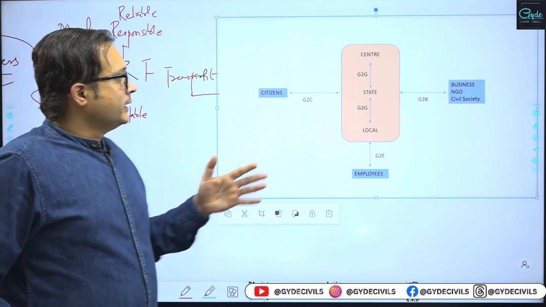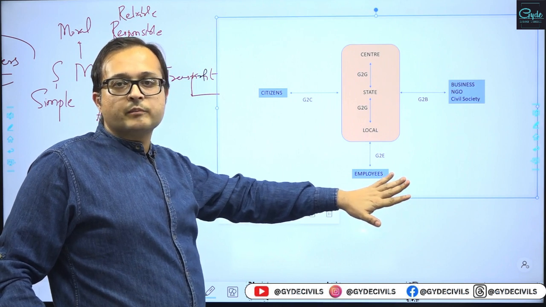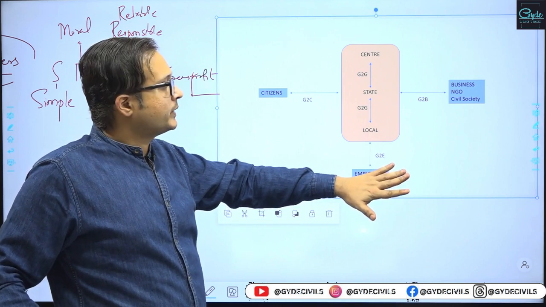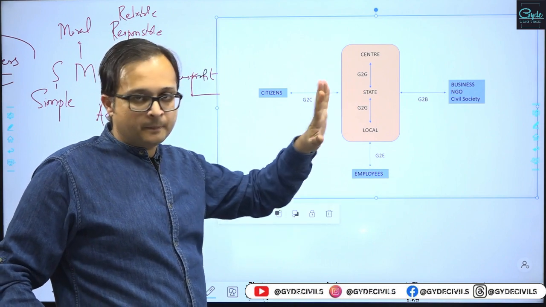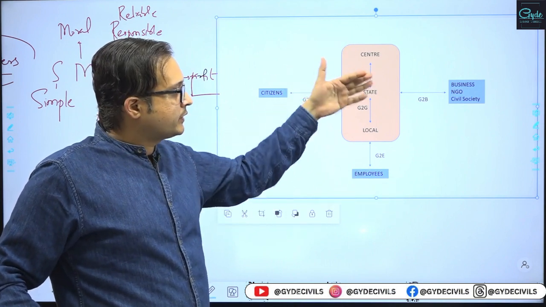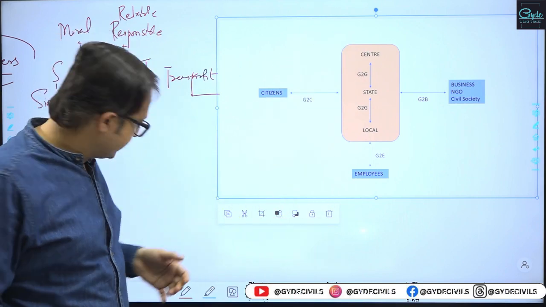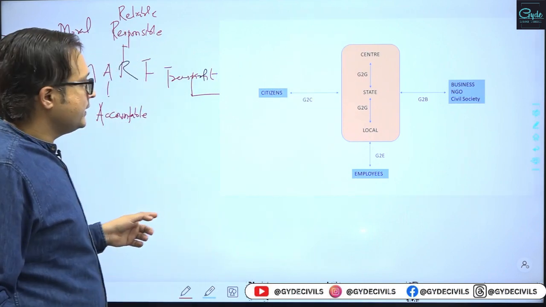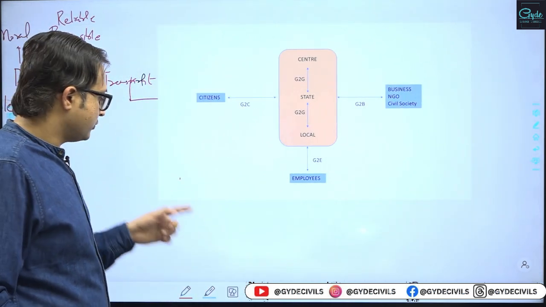Then the governments can participate themselves. This remains as one basic component of e-governance. That is called government to government interface, also G2G, right? When center, state and local governments, they participate. So here itself we can define the basic characteristic of the e-governance also.